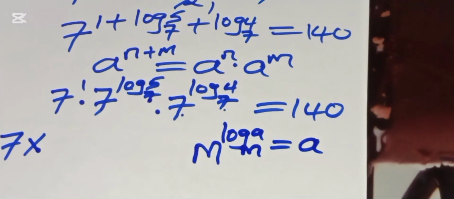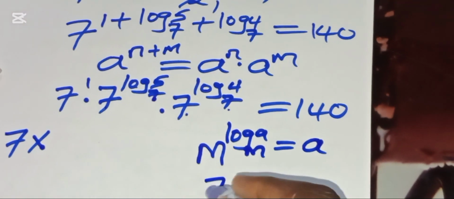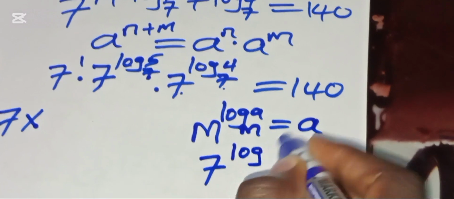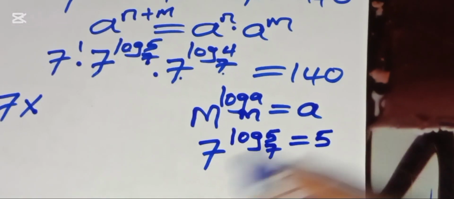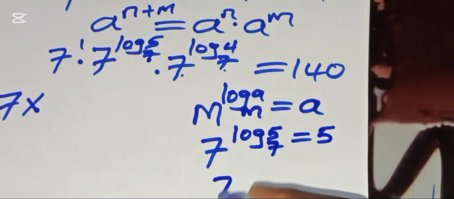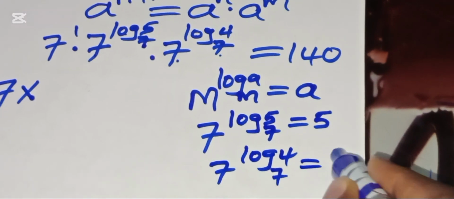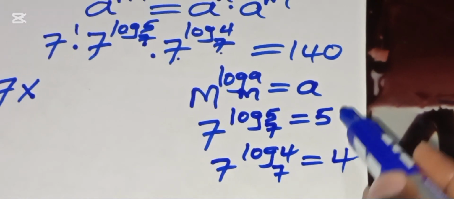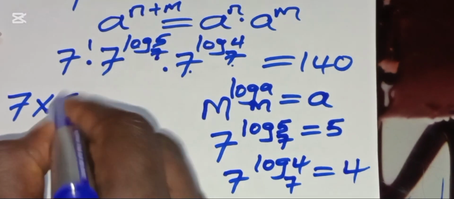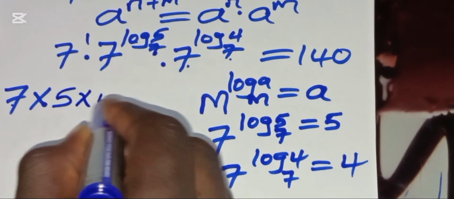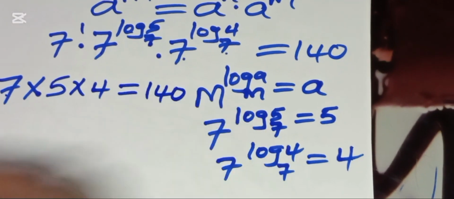Now let's apply this property so that 7 raised to power log 5 to base 7 is essentially equal to 5, and 7 raised to power log 4 to base 7 is essentially 4. So let's substitute 5 and 4 back into the equation. We're going to have 7 times 5 times 4. This is actually equal to 140.